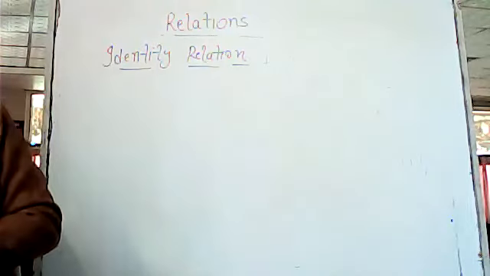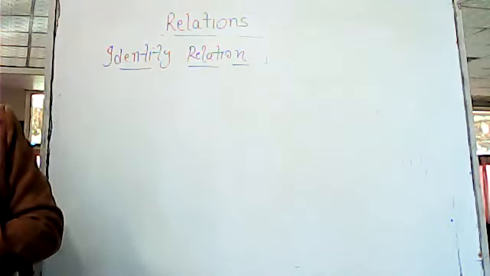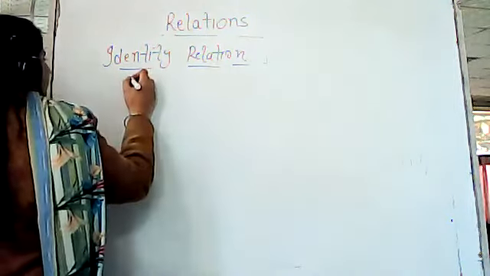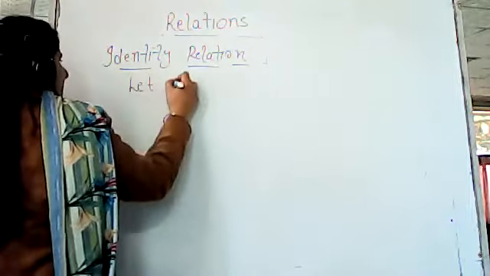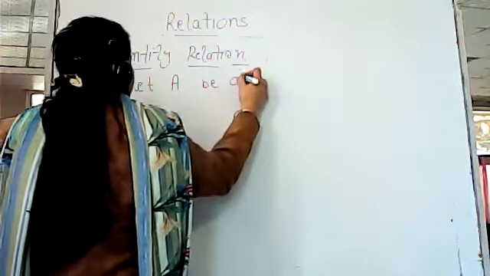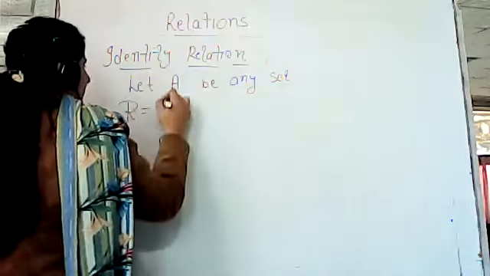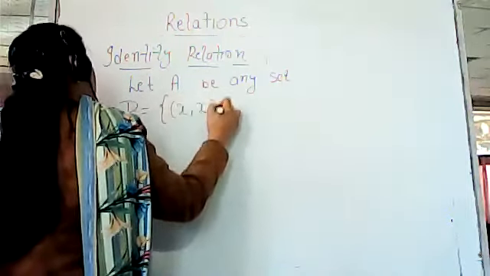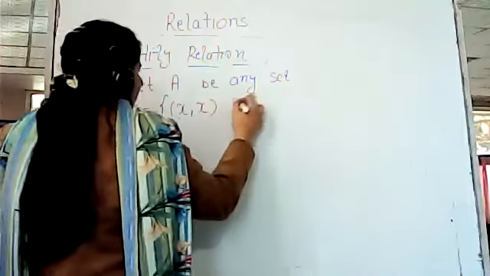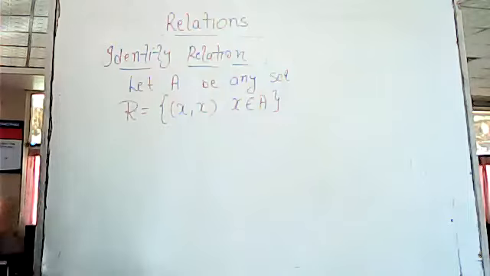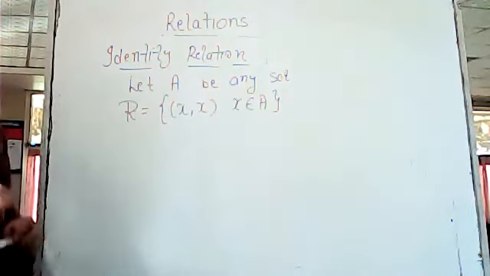Next is identity relation. Let A be any set, and R is a relation which consists of all the ordered pairs which are related to themselves, then this relation is said to be an identity relation.